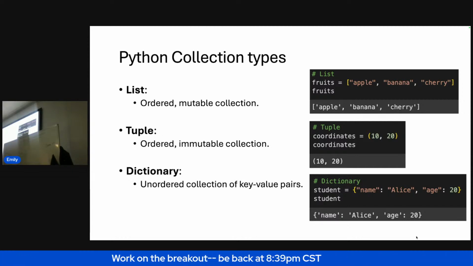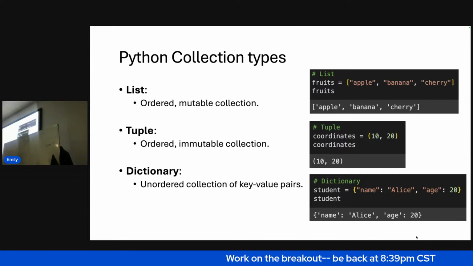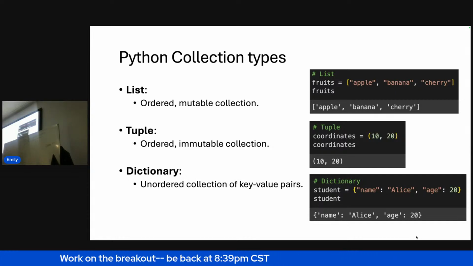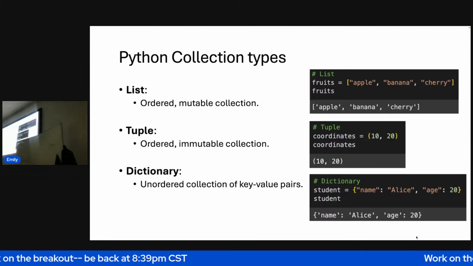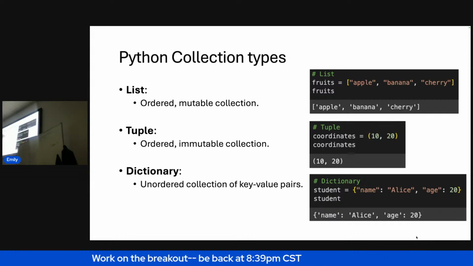And then this last one is called the dictionary, my personal favorite. I don't know, either that or list, but dictionaries are pretty cool. No, dictionary is my favorite. It's an unordered collection of key value pairs. So we have student, I don't know if you can even see that, the key is name, the value is Alice, the key is age, the value is 20. So it's a key value pair.